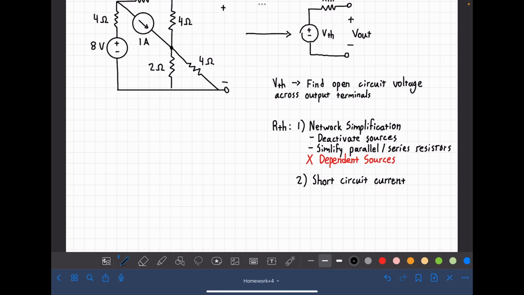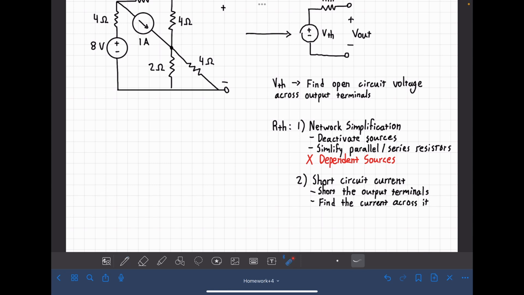In this case, you don't deactivate any of your sources, and all you do is short the output terminals and find the current across it.